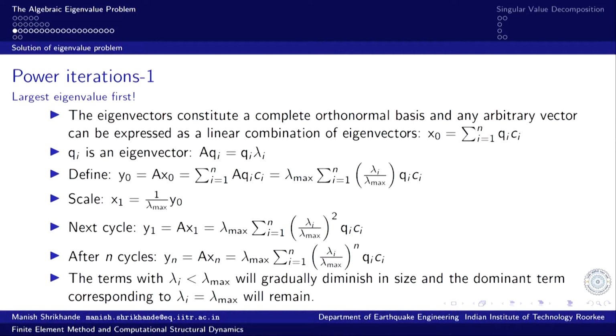So, the terms with lambda i less than lambda max will gradually diminish in size, and the dominant term corresponding to lambda i equal to lambda max will only remain in this expansion, in this series.